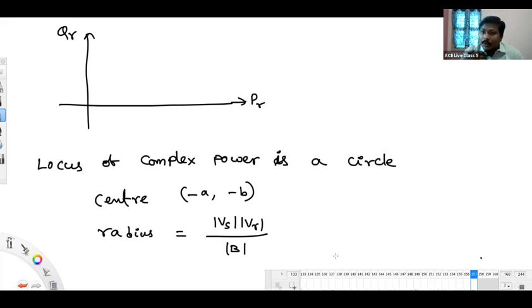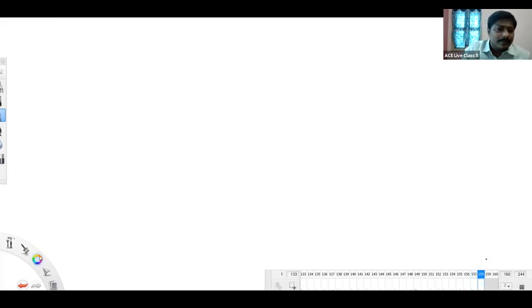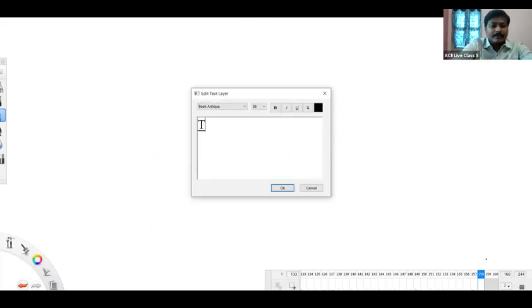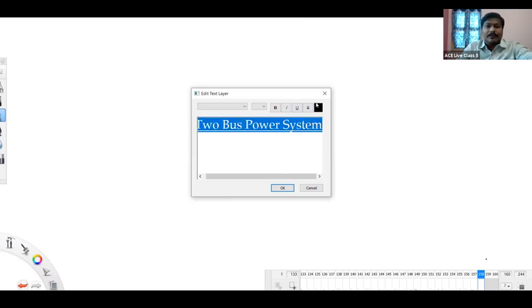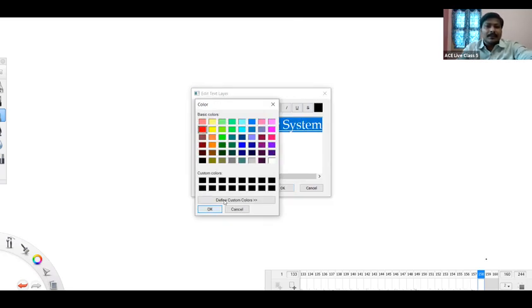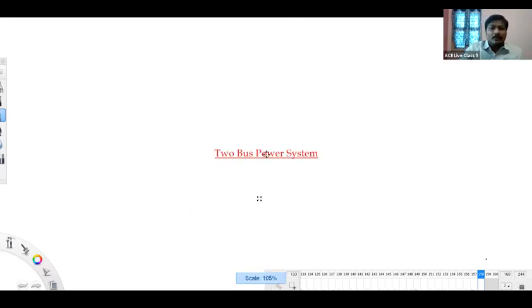With those aims, we are moving on to the two-bus power system network. It's also one of the very important topics for the examination.